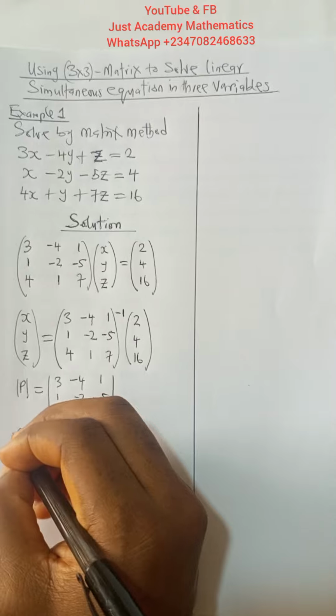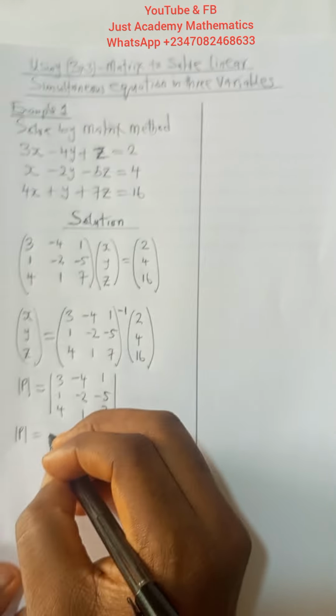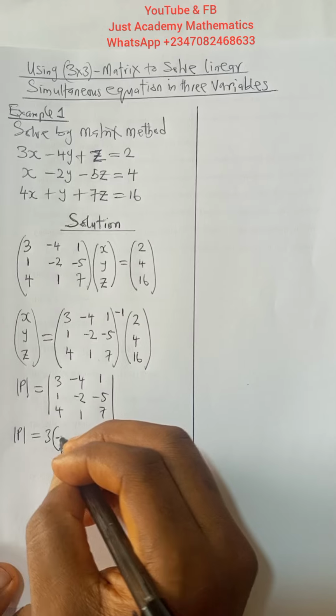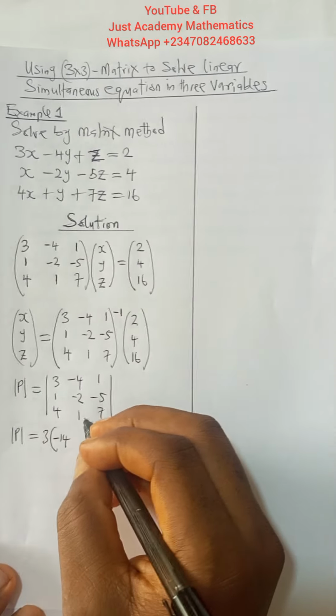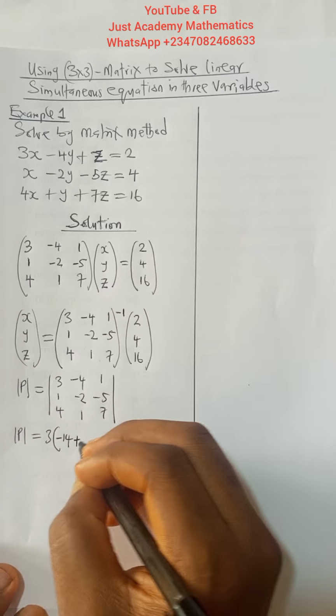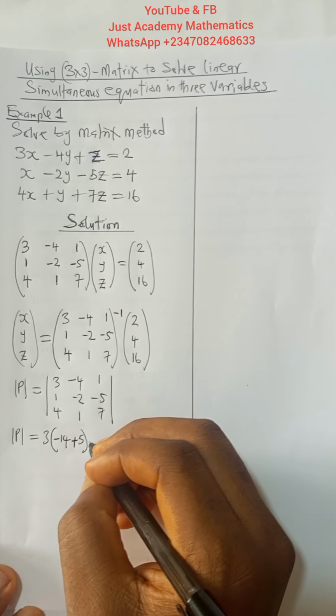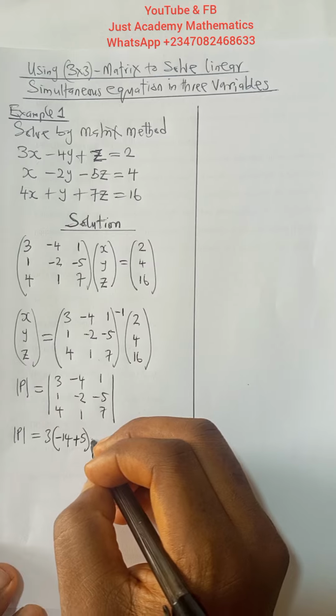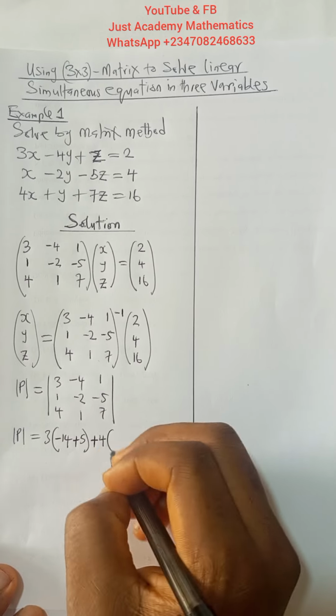So what will be the determinant? The determinant will be 3 times, of course this is out, we'll have minus 14, minus, this time this is minus 5, minus times minus is plus 5, then minus, of course minus here will change to plus, 4 times what?